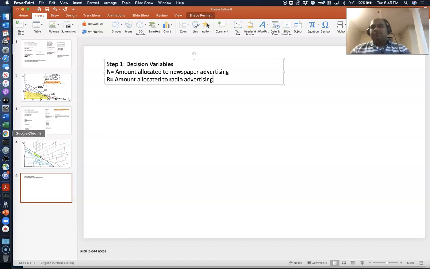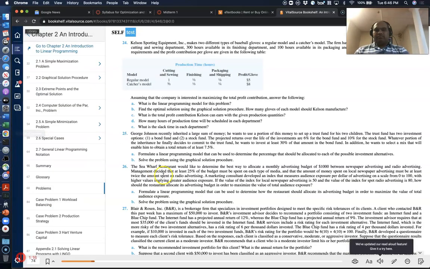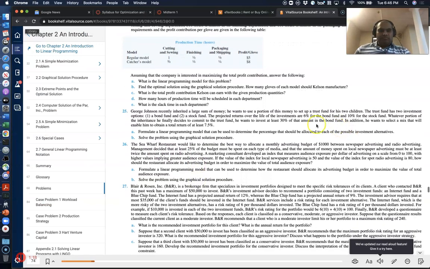Okay. So it's a monthly budget of 1,000 between newspaper and radio advertising. Management decided at least 25% of the budget must be spent on each type of media, and the amount spent on newspaper advertising must be at least twice the amount spent on radio advertising. They have developed a marketing index from 0 to 100, with higher values implying higher exposure.